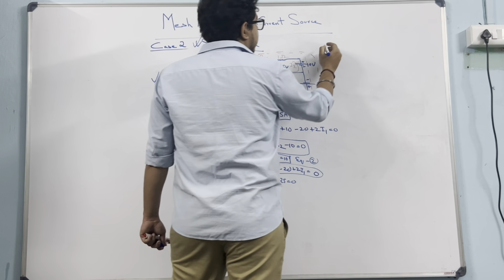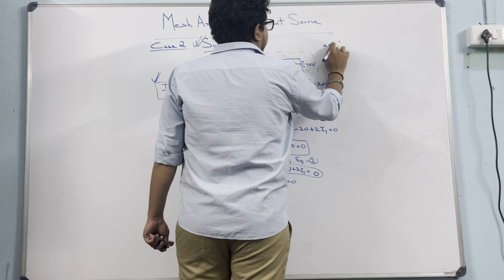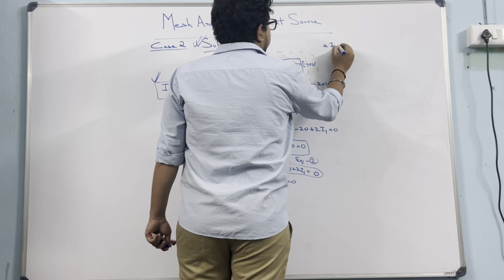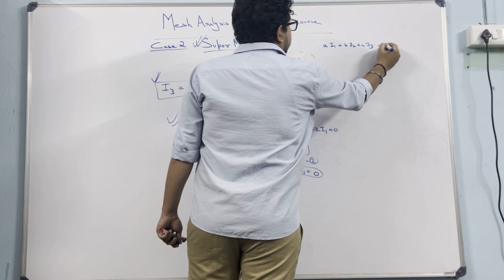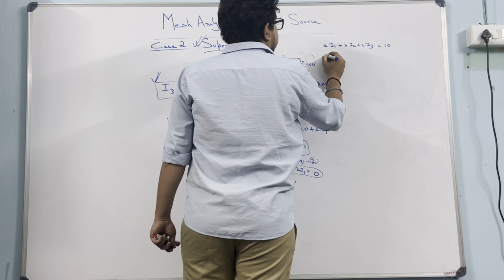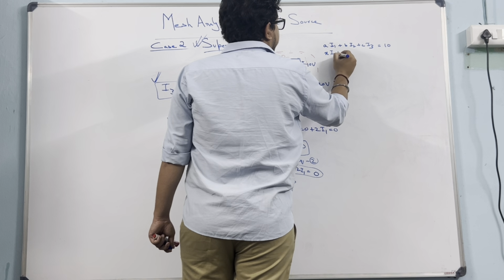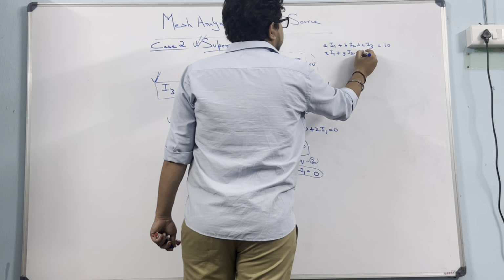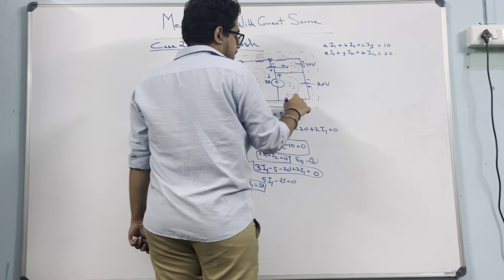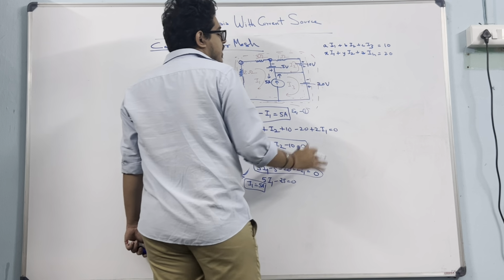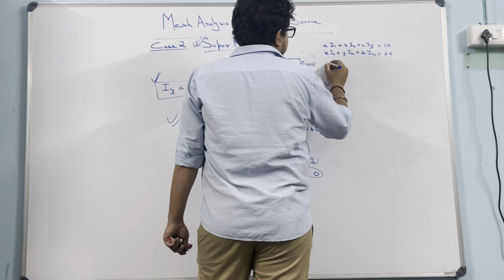But suppose I got three equations like, okay, a i1 plus b i2 plus c i3 equal to 10, suppose, and let the second equation be x i1 plus y i2 plus z i3 equal to 20. This was an easy equation set where one variable was missing.